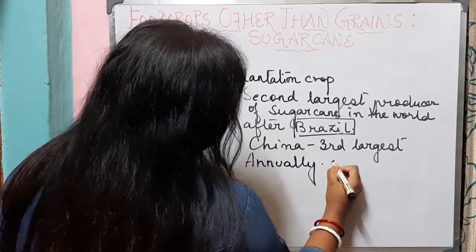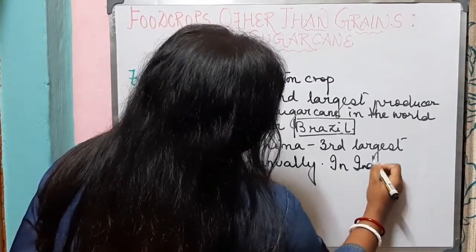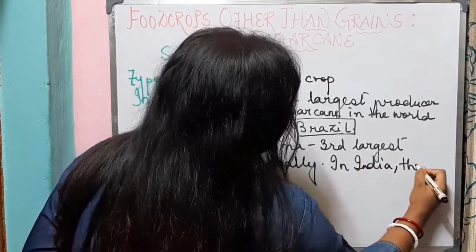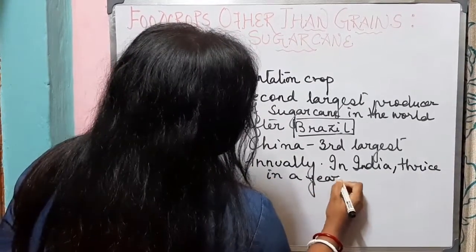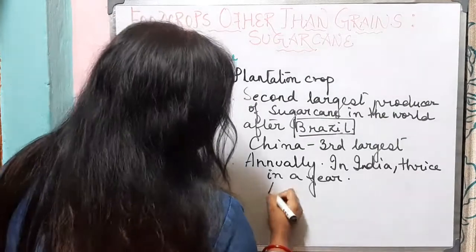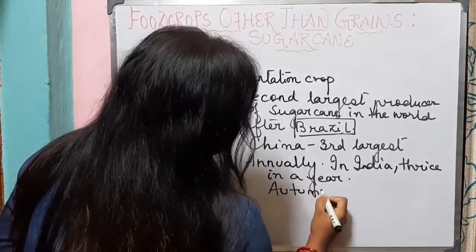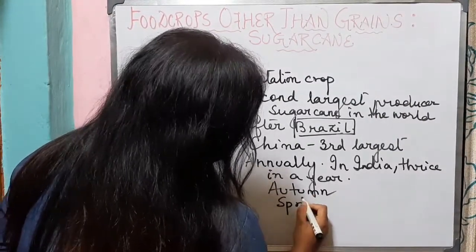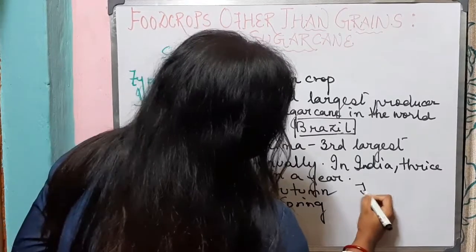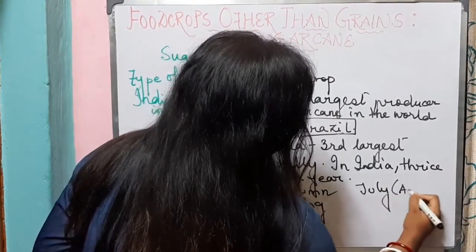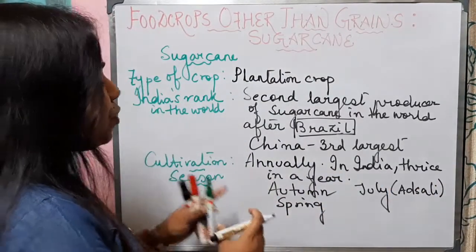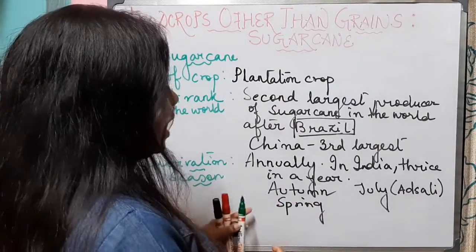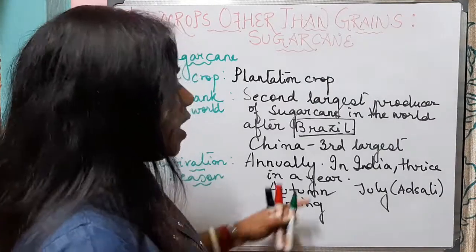In India, sugarcane is cultivated thrice in a year: in autumn, in spring, and in July, which we call Adsali. So these are the 3 times when sugarcane is cultivated: autumn, spring, and July.